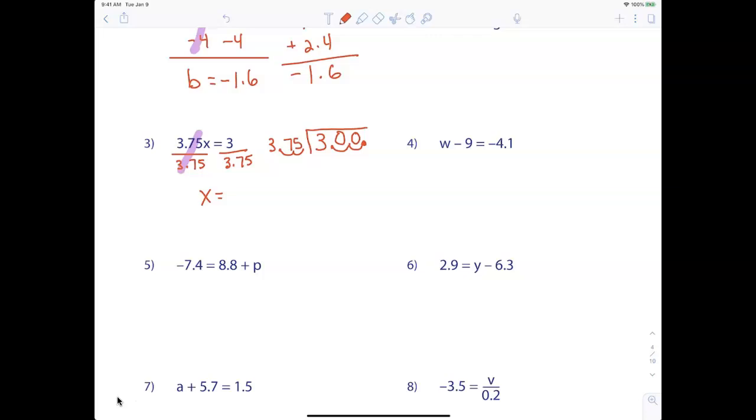Well, 375 does not go into 300, so for now I'm going to put a 0 here, bring up the decimal, and add another 0. So now you're really saying 3,000 divided by 375. What really helped me is learning that you can just divide by using it as a fraction.